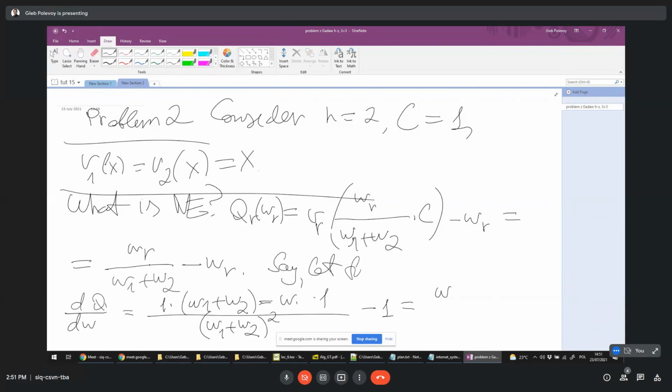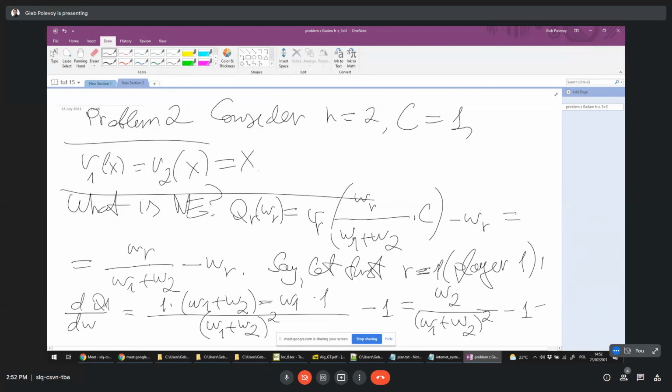Let's see how that player optimizes, and then the derivative is going to be W2 divided by the sum squared minus 1. That's the derivative.